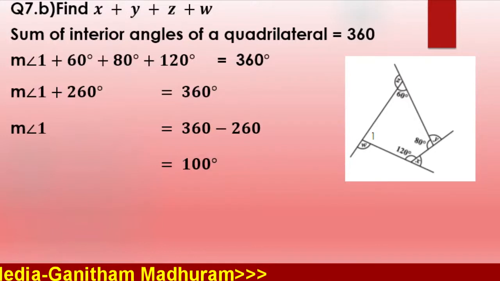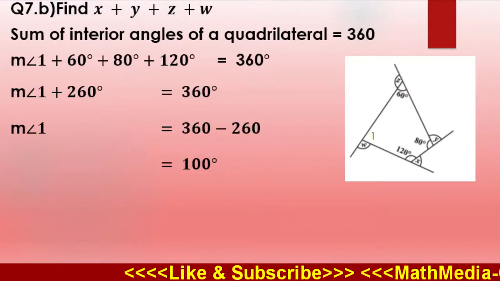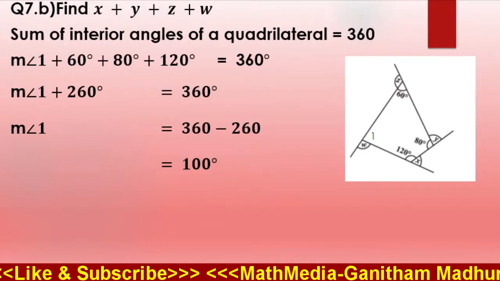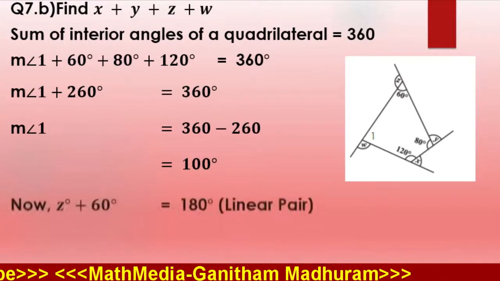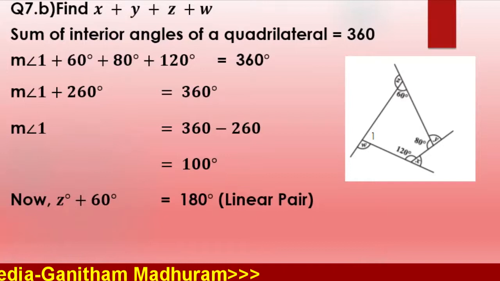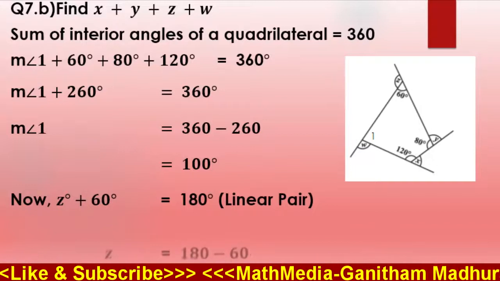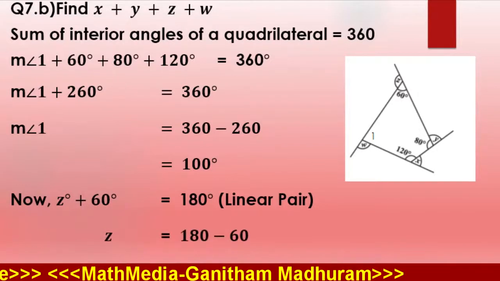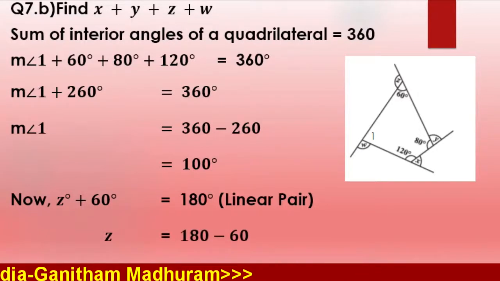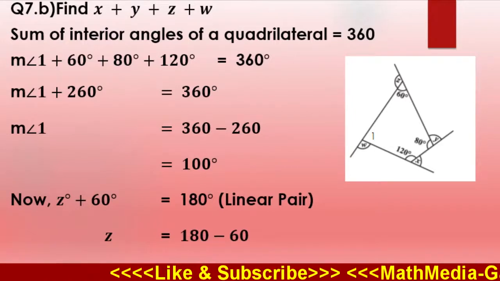So we found the unknown interior angle of the quadrilateral, that is angle 1 is 100 degrees. Now angle z plus 60 degrees equal to 180 because they form a linear pair. Therefore z equal to 180 minus 60 equal to 120 degrees.